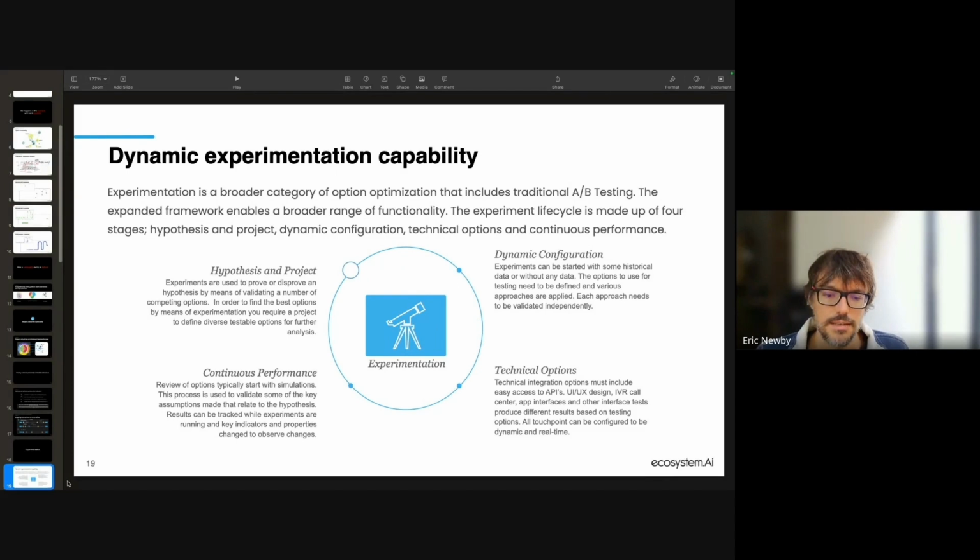You'll then integrate that into the, well, ideally you have an interface that allows you to integrate that experiment. So your front end has dynamic content or whatever it is, but if not, you'll have to come up with a way to expose that variable content to your customers.